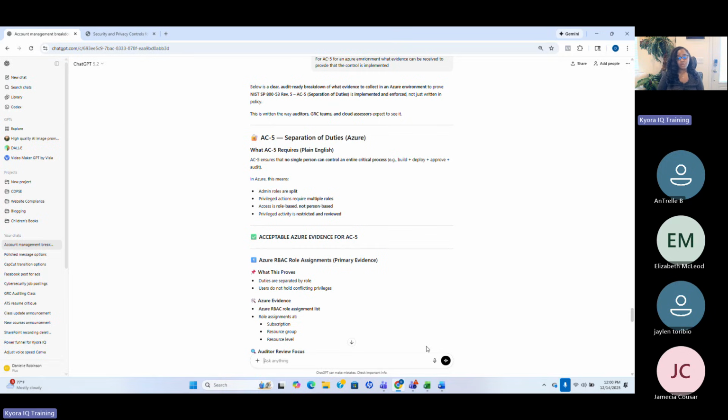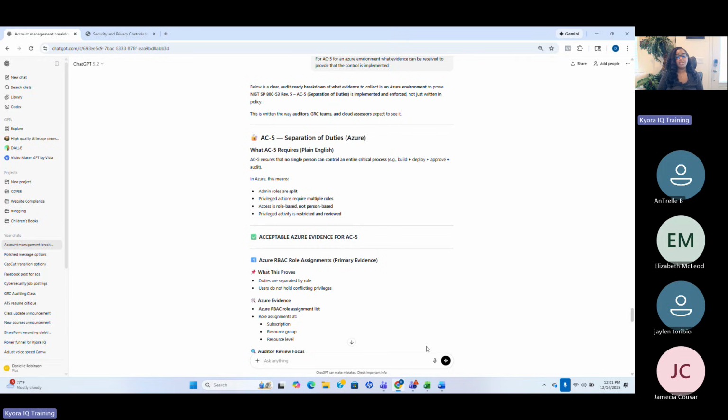Engineering is definitely going to be given more access than other people, depending on her role in the engineering department. So there may be a group of people assigned in the engineering department, and that's going to be based on their roles.